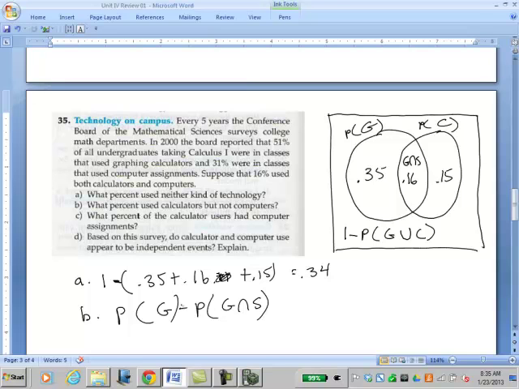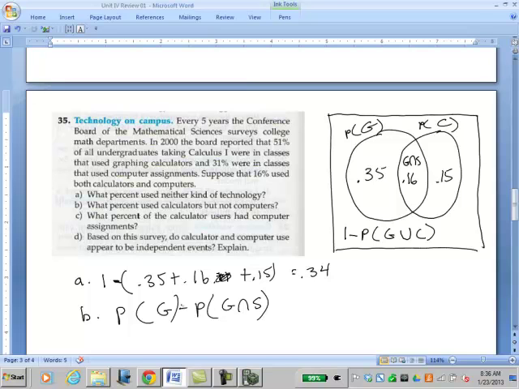It says 51% use a graphing calculator, 31% use computers, and 16% are doing both. Student: But isn't part of that 16% accounted for by the 31% and 51%?